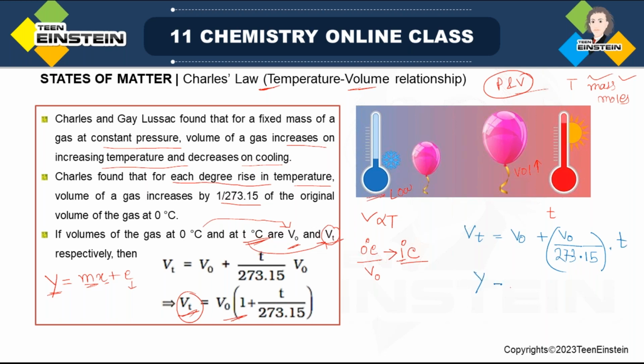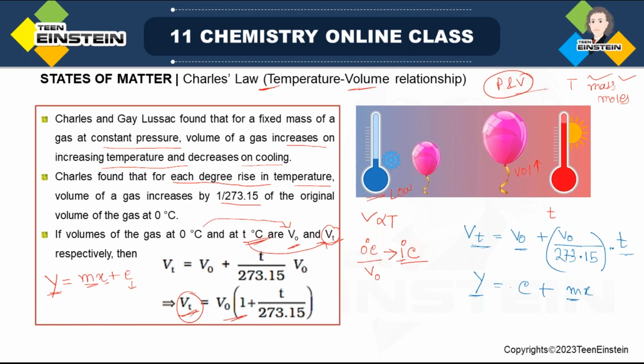Now I will write it here, y equal to mx plus c, and try to correlate it. So here Vt you can compare with y. This will be the intercept, V naught, and this, V naught by 273.15, will be the slope. Obviously, this is a positive slope, and temperature will be on the x-axis.